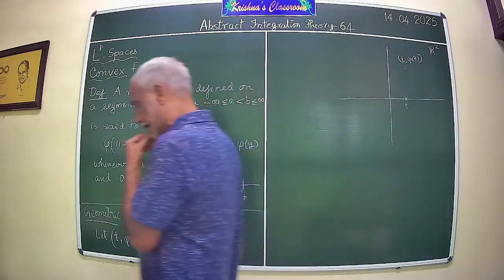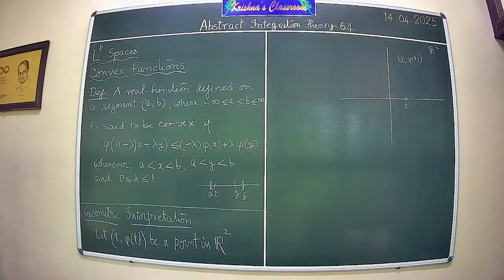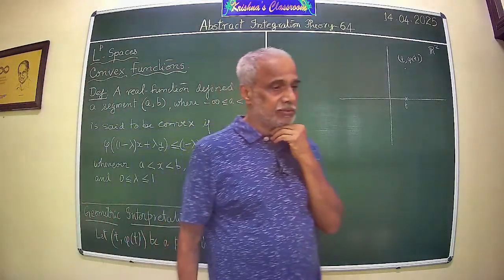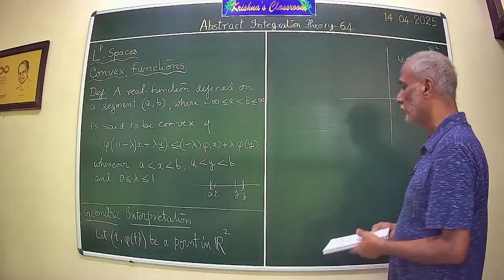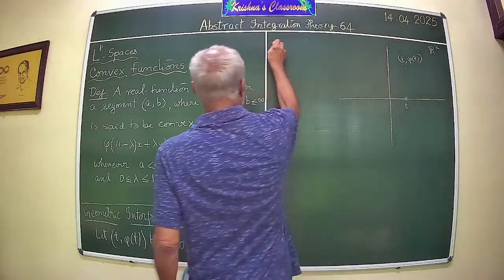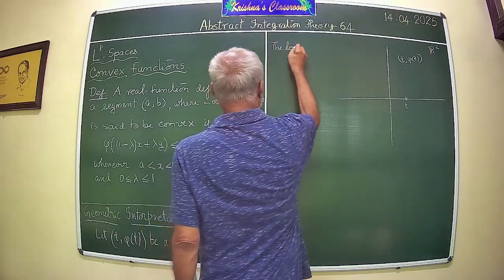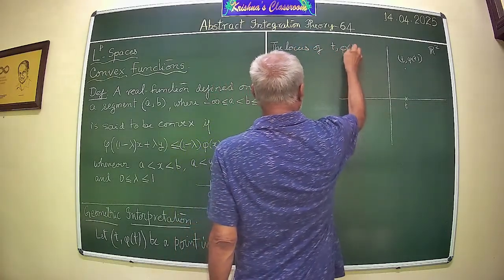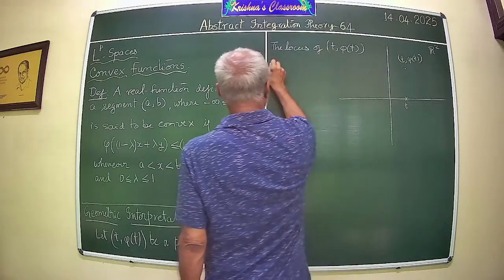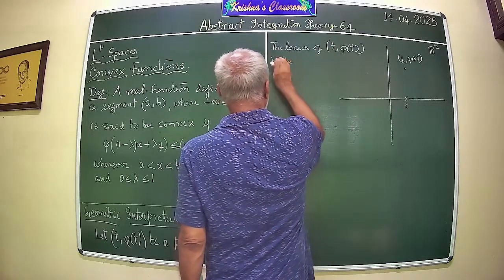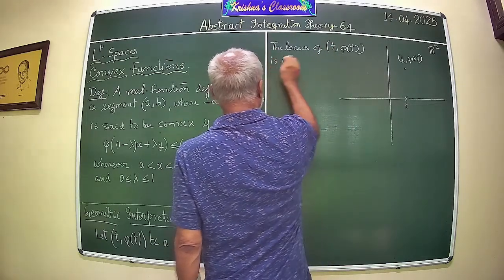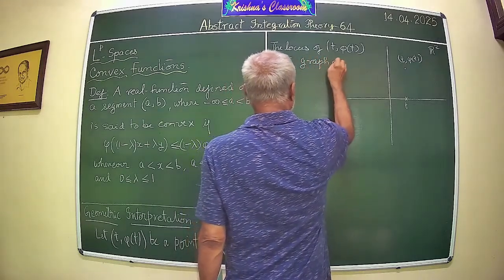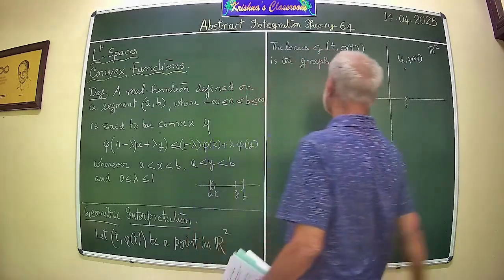The locus of the point t, phi t is what you call the graph of phi.